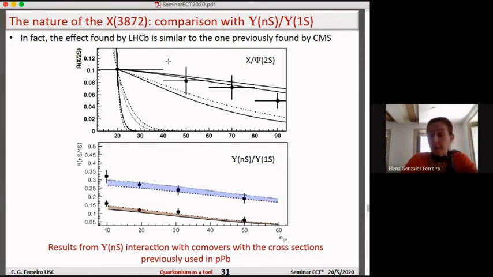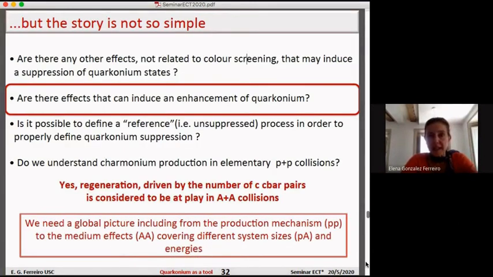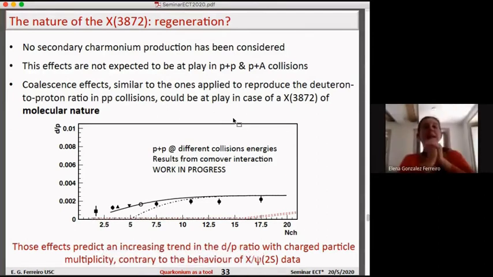So we think that no, not even in that case will you obtain this behavior, because together with Alessandro we are doing the following, and this is the last slide, in fact: in case you consider secondary charmonia production, so these regeneration effects, that in principle are not expected to be at play in proton-proton and proton-nucleus.